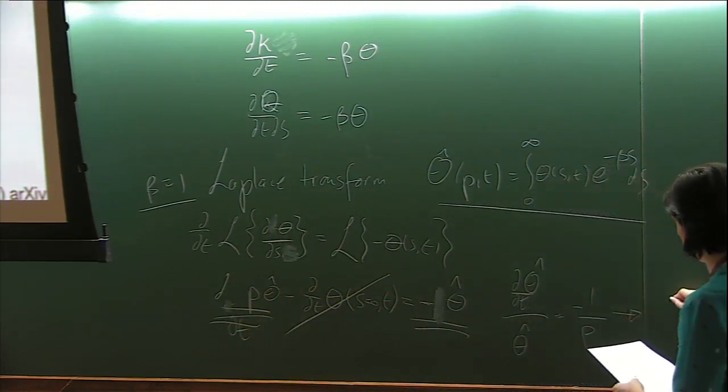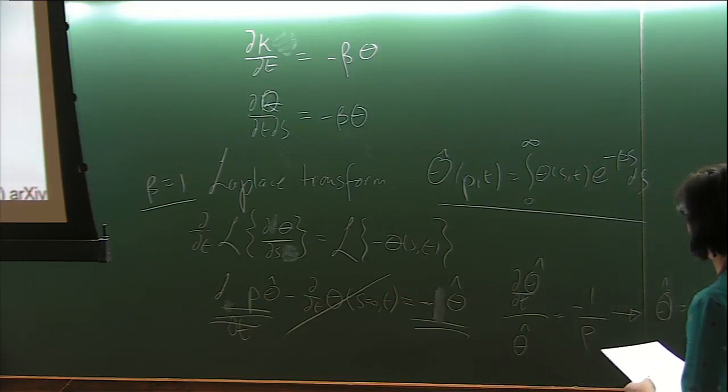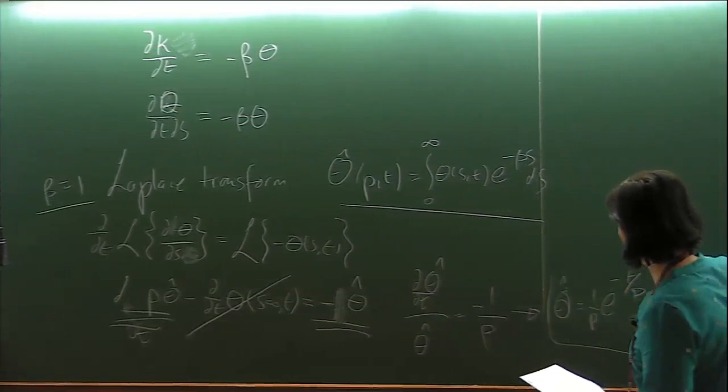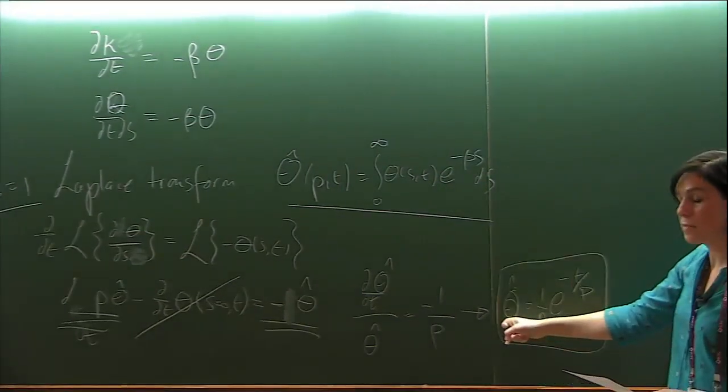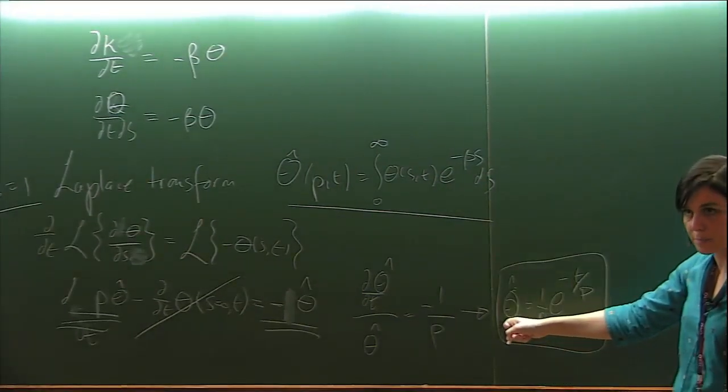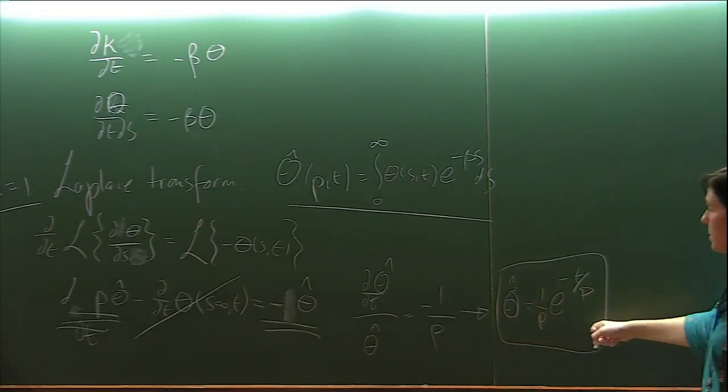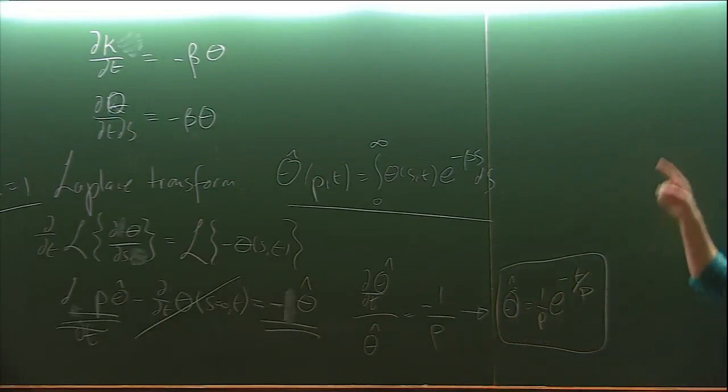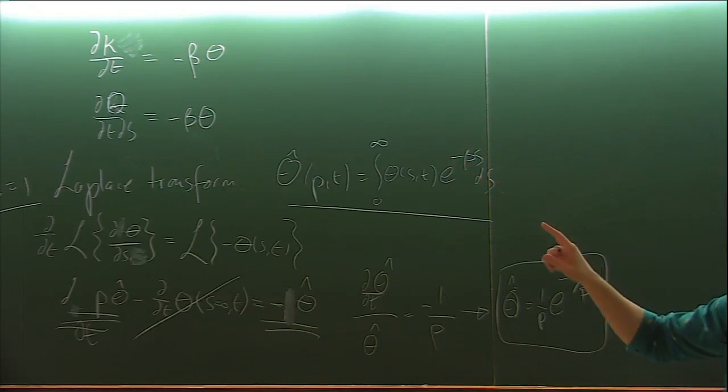Sorry, I'm jumping between notations here. And this gives me theta. So the Laplace transform of theta has this exponential form, and when I do the inverse Laplace, I get this. This is just a table. What you see here, J is the Bessel function.